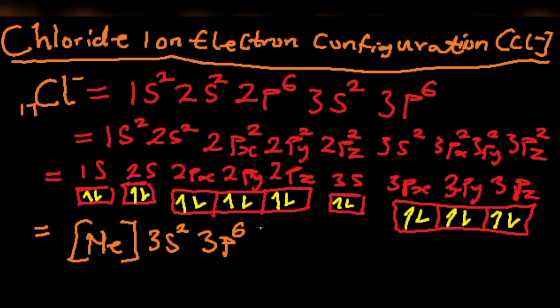So in all we have 18 electrons. Don't forget that neon will occupy only 10. That is the inner, from the 1s to the 2p. Let's take note of that. So this is how you write the electron configuration for the chloride ion. Stay blessed and stay tuned for more video lessons.